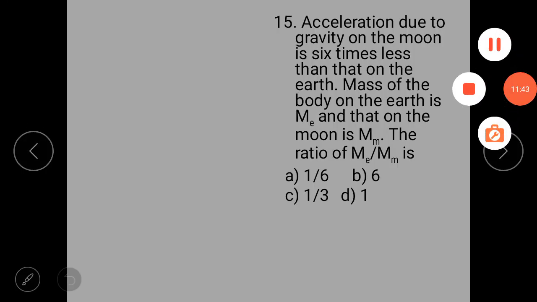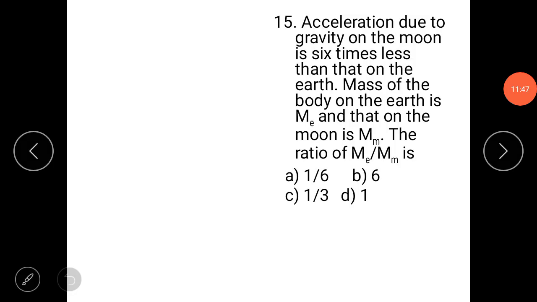So the question is: acceleration due to gravity on the moon is 6 times less than that on the earth.